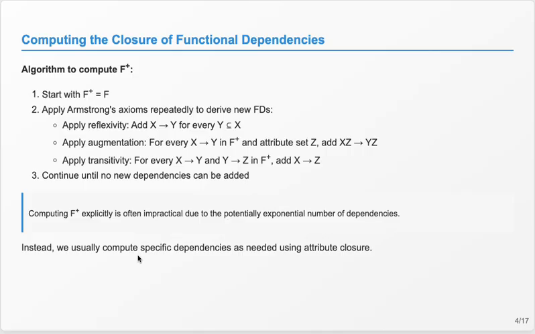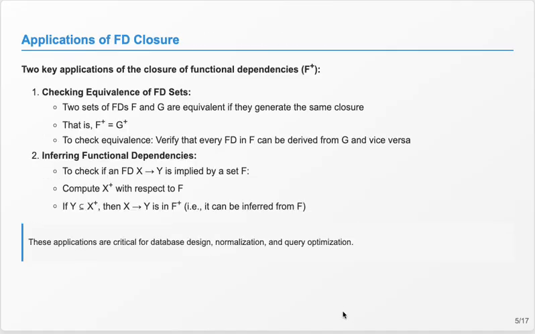So why do we even care about the closure of these functional dependencies? We care about it mainly for two reasons. First, it can help us check whether two sets of functional dependencies are equivalent. We do this by ensuring each functional dependency in one set can be derived from the other set.